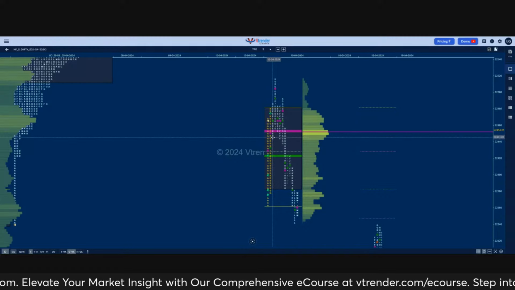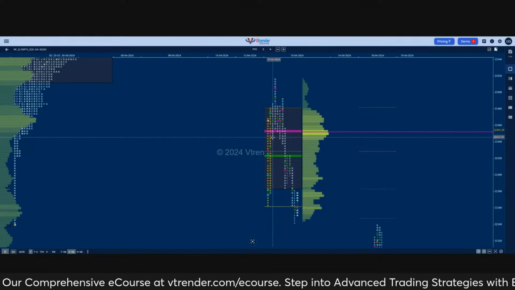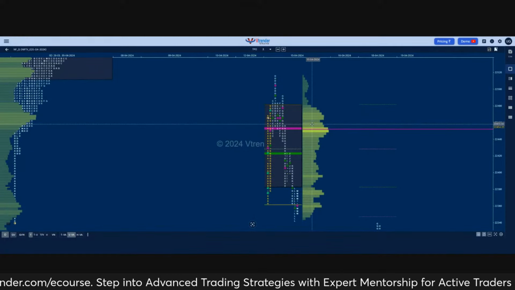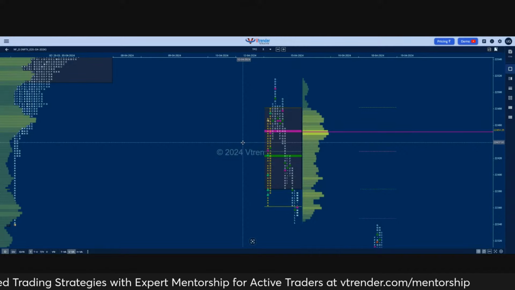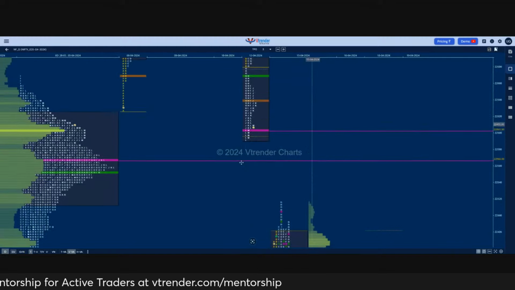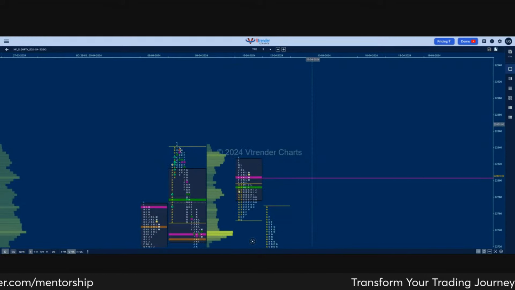In all cases, let us keep things simple. This is more of an advanced failed auction which happened on the 15th of April, which I'll come to later. But we will keep it simple because people who are new to the concept of failed auction, let them have it as a single print which moves out of IB and is swiftly rejected, which happened in this case on the 9th of April.